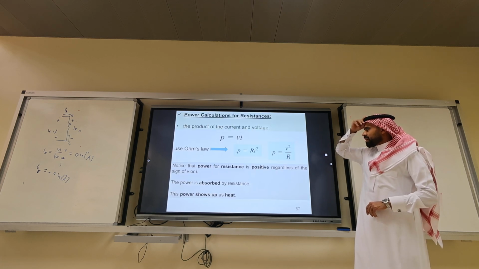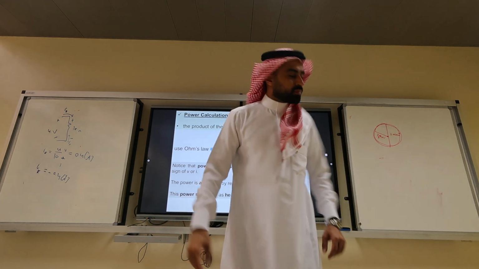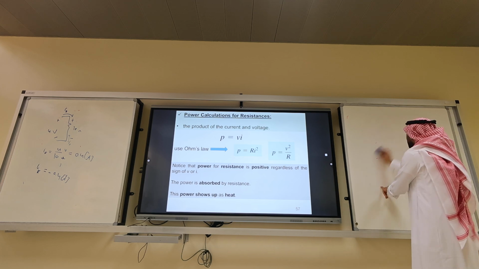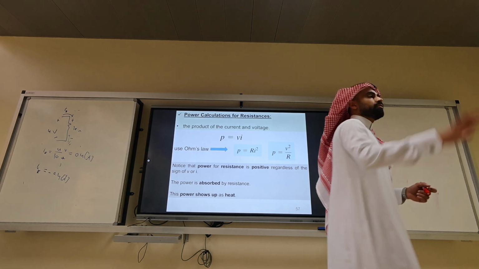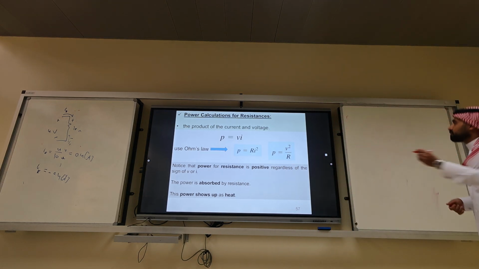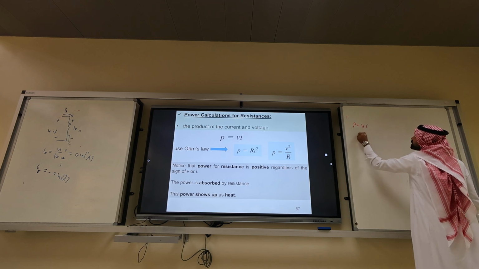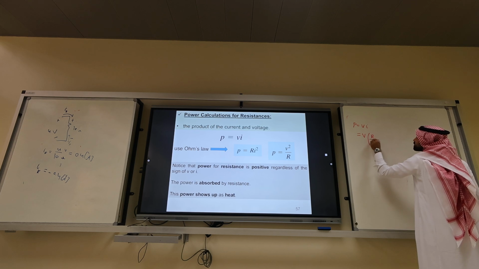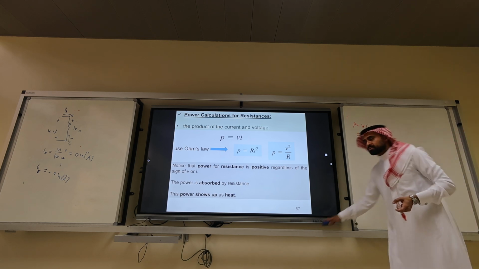Now, there is another concept, which is power, from Ohm's law. Do you remember I told you P equals V times I? Right? Let's say with a positive passive sign convention, so P equals V times I. But I already told you I is what?